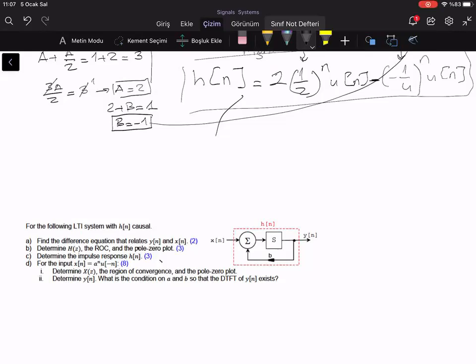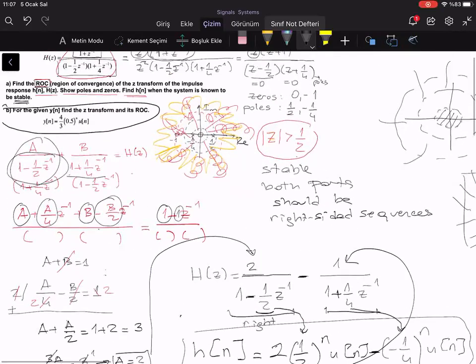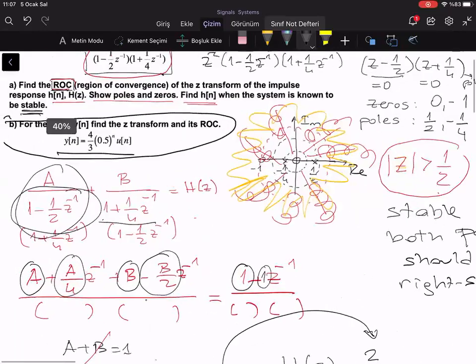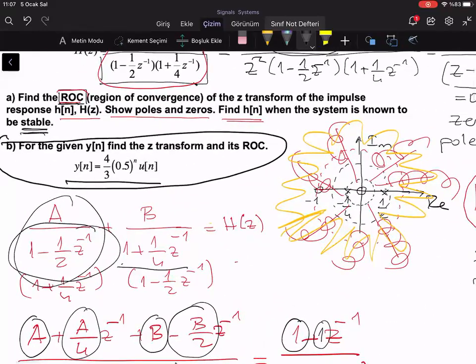Now I want you to work on this. Use y of n, the output. We know h of n. We know y of n. I want you to find x of n here.